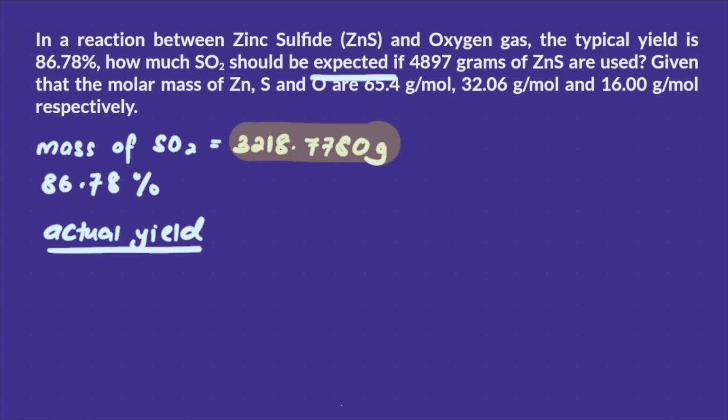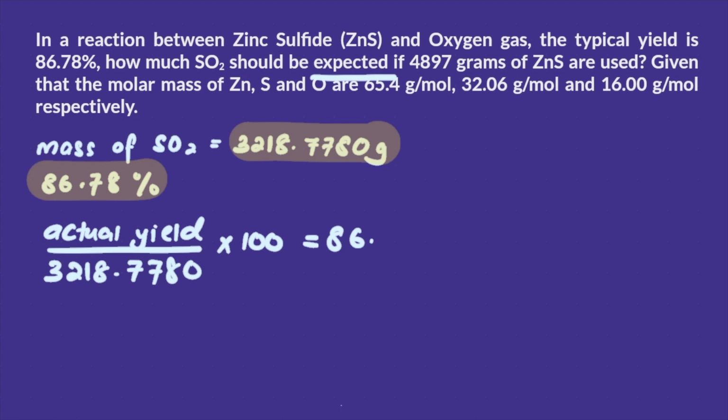So the theoretical yield is 3218.7780 times 100% should be equivalent to this one, 86.78%.